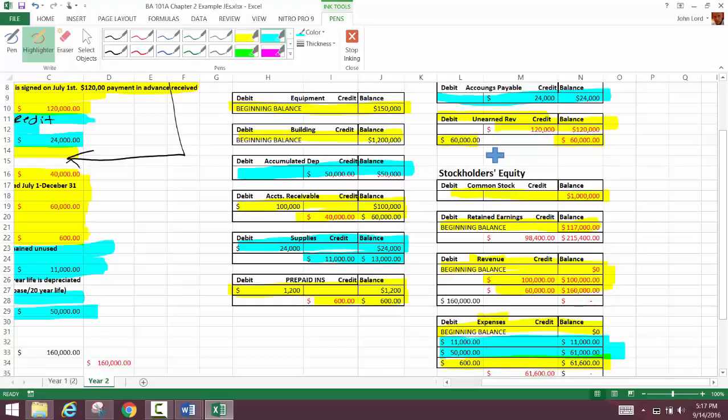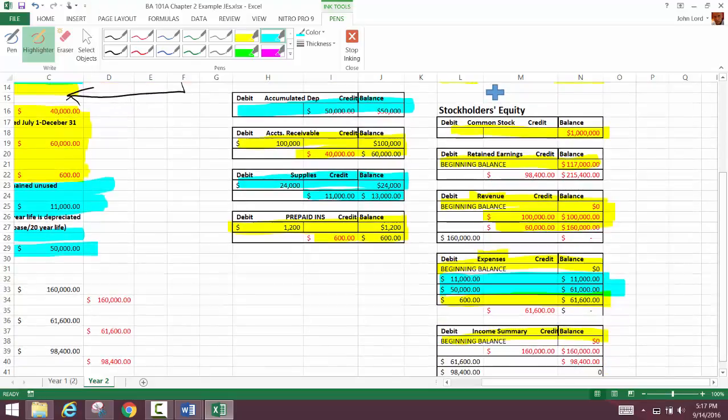Okay, so what's happened? We are finished for the year with our revenue and our expenses. So can we prepare our income statement? Let's see. Maybe I'll put the income statement over here this time. Looks like I have room. Income statement. Do I have revenue? I have revenue of 160,000.